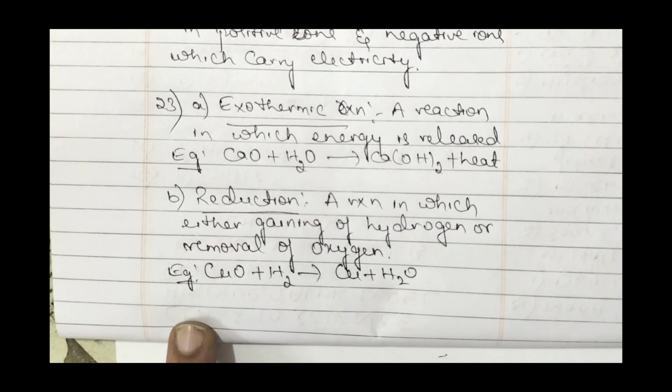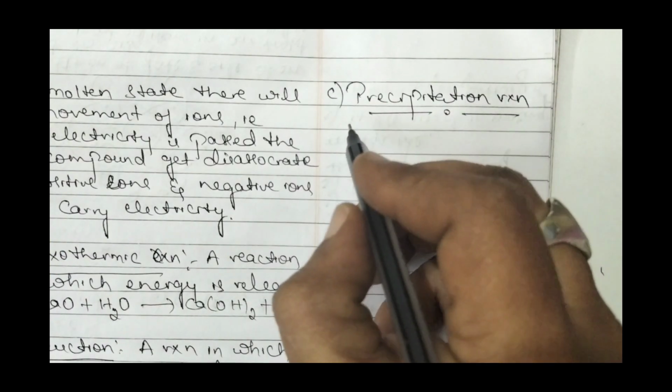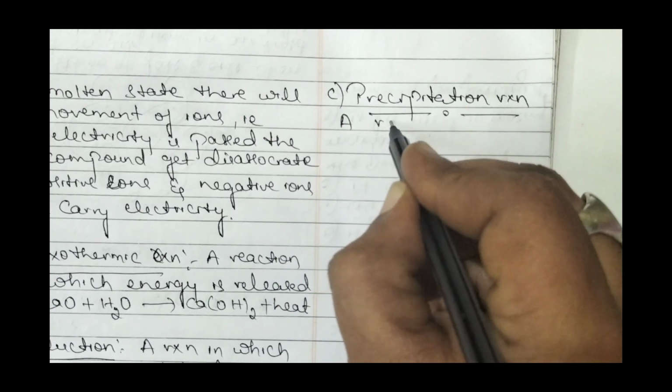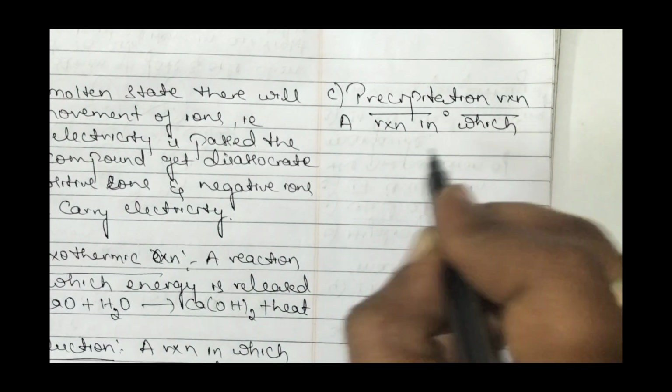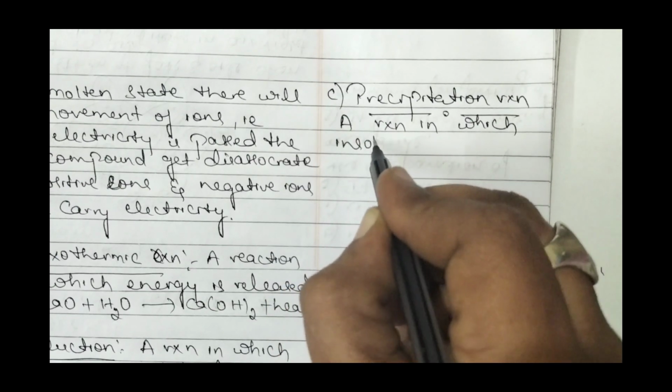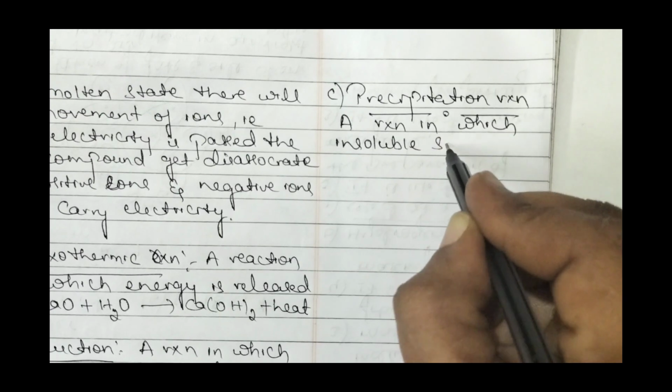Then the third reaction is called precipitation reaction. So what is precipitation reaction? A reaction in which an insoluble solid is formed.